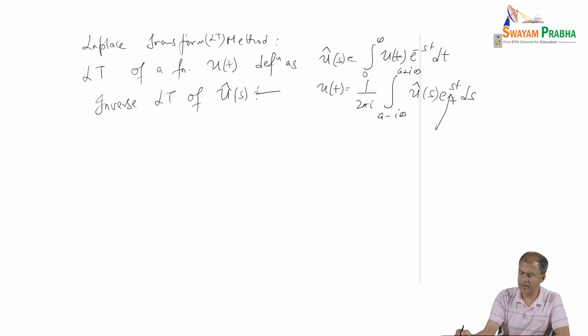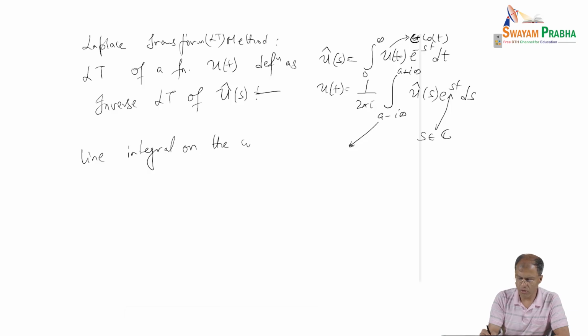Remember here that s in this inverse Laplace transform is a complex number, and the function u is a continuous function, a C0 function of t. So u of t must be a continuous function. We also want to highlight that this particular integral from a minus i infinity to a plus i infinity is the so-called Bromwich contour integral, which is the line integral on the complex plane along the vertical line.